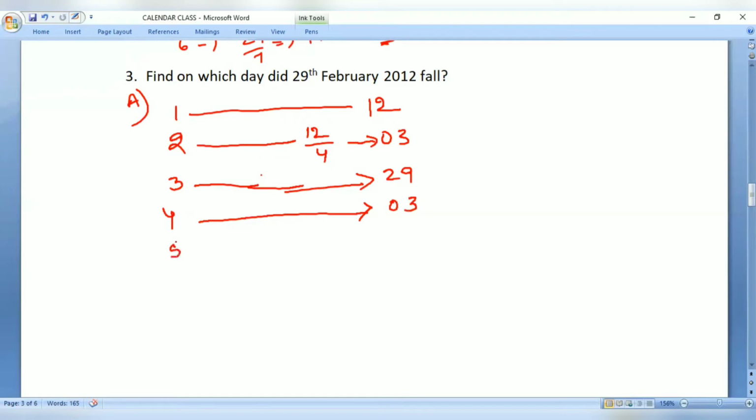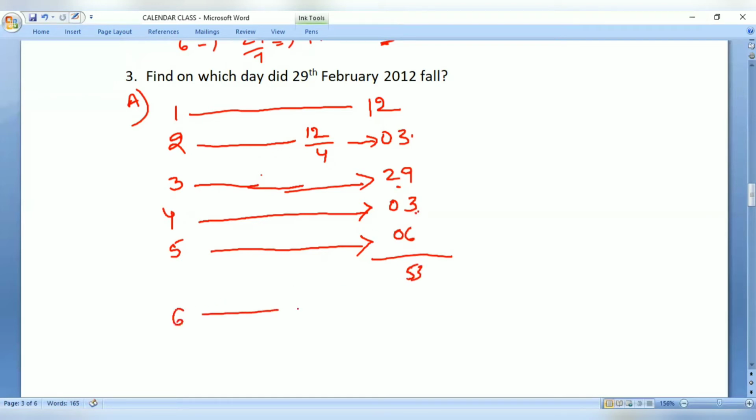Then what is the fifth step? The code for 2012, 2000 to 2099, it is 06. Now add them. 12 plus 3, 15. 15 plus 29, 44. 44 plus 3, 47. 47 plus 6, it is 53.